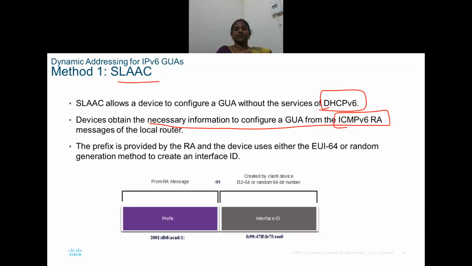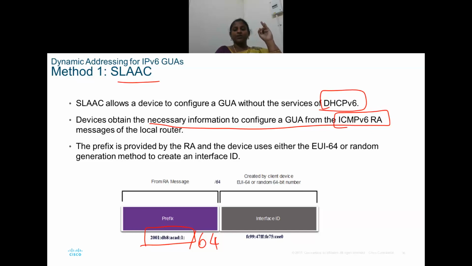Once a client is connected to the network, it receives a router advertisement from the local router. The local router will say the prefix of the network. For example, the router will tell, I'm using 2001:DB8:ACAD:1::/64. This is the information transmitted from the router advertisement to the client.